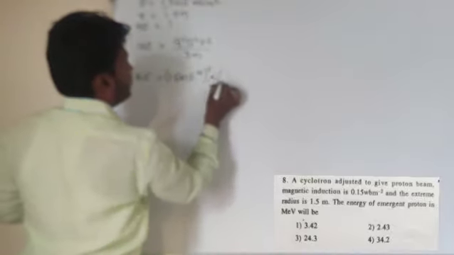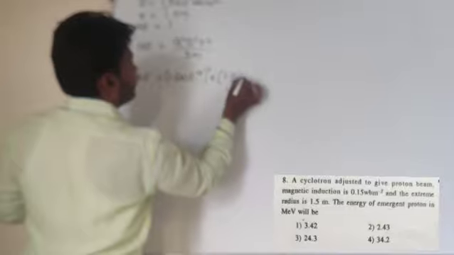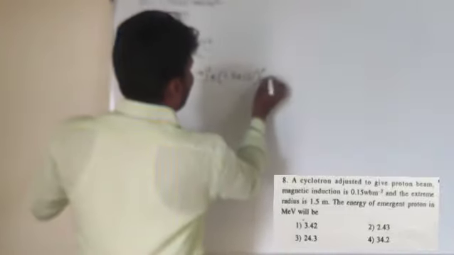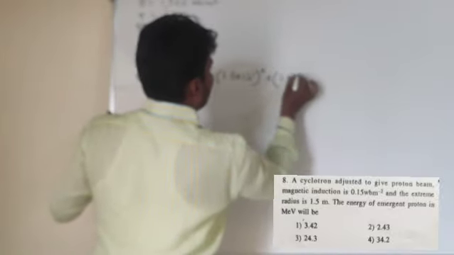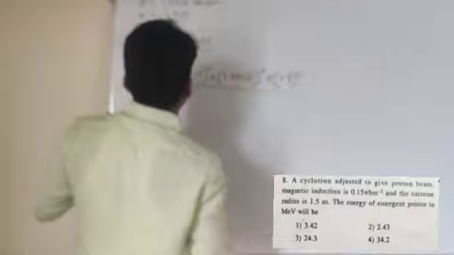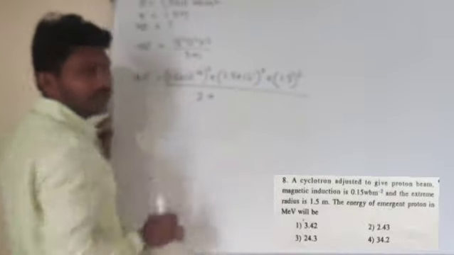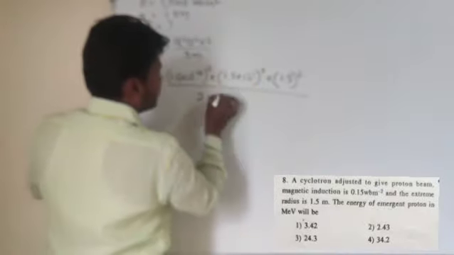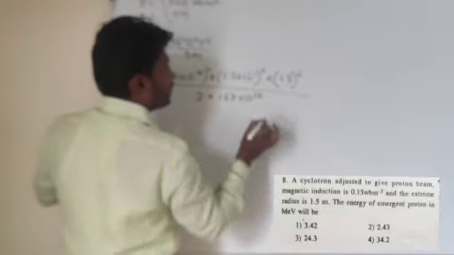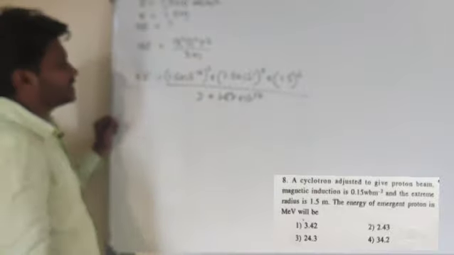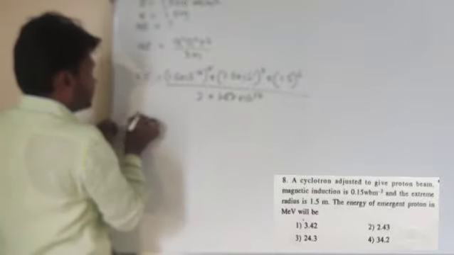Strength of the magnetic field is 1.5 into 10 to the power of minus 1 whole square, and radius is 1.5 whole square here. In the denominator 2 into the mass of the proton, 1.67 into 10 to the power of minus 27. Here the 1.67 term will get cancelled out.